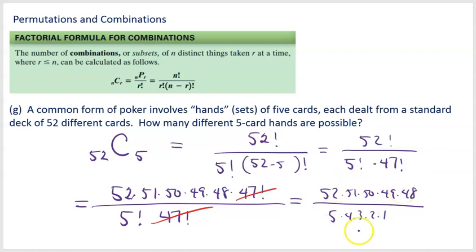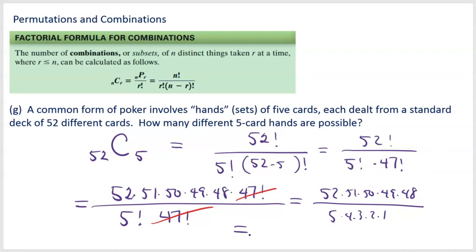And if you wanted to simplify at this stage, you could, or you could go directly to your calculator, and I'm just going to type that in. So 52, I'm going to be real careful, times 51 times 50 times 49 times 48, no 47, right, divided by, and I need to put that in parentheses, 5 times 4 times 3 times 2 times 1.